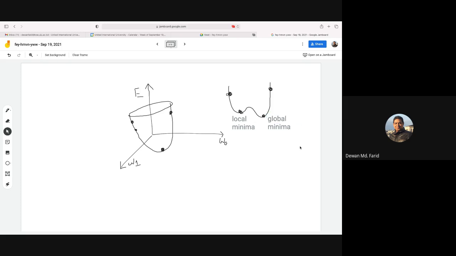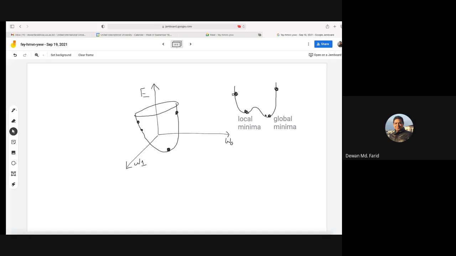So our target is to come to the global minima, the minimum point, so that we can have the minimum error. Is it clear?